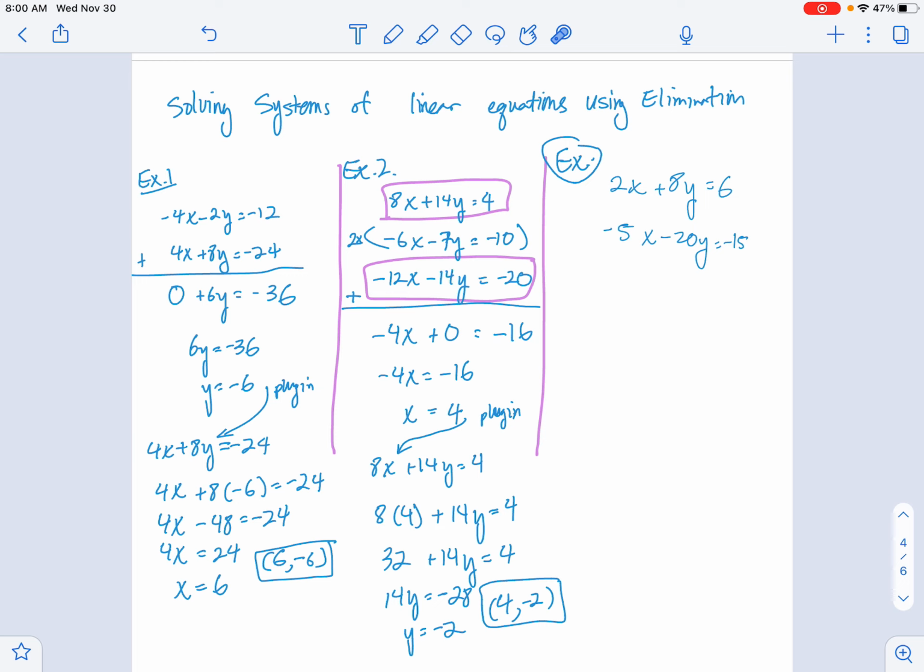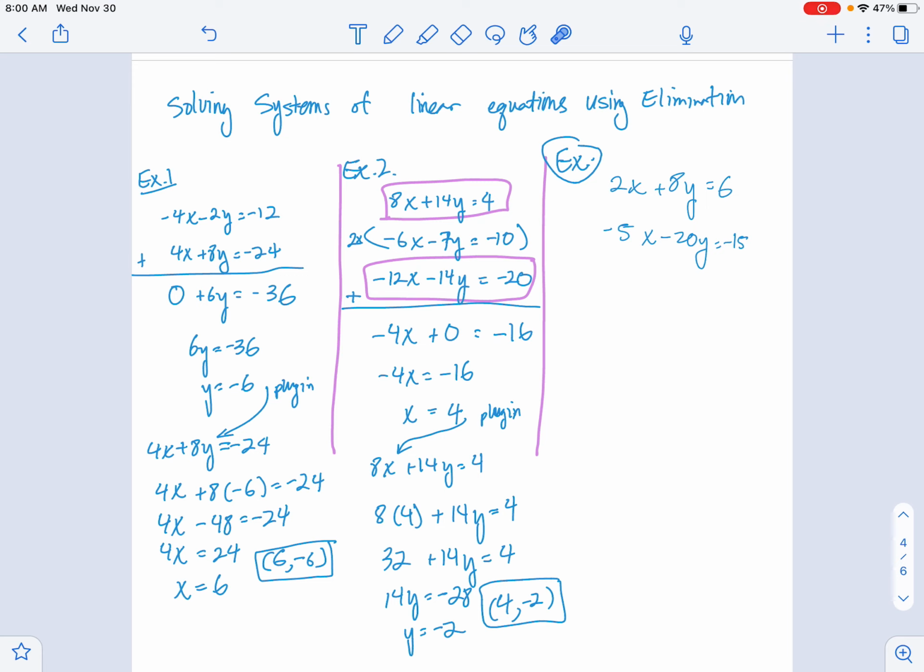So I would have to multiply the top equation by a 5, and I would have to multiply the bottom equation by a 2, right? And you would still get a right answer. It's totally fine to do.